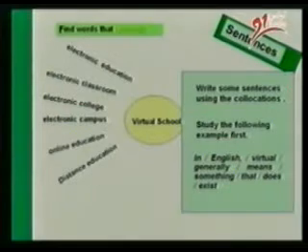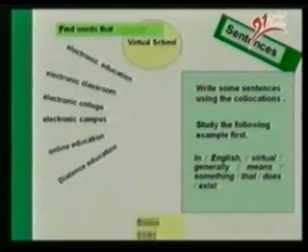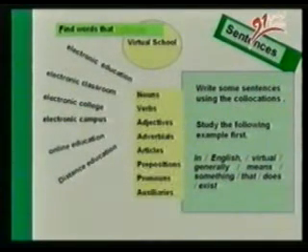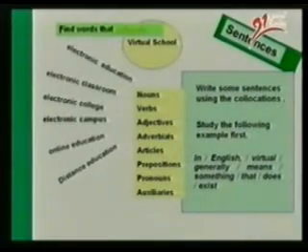In this sentence, we can find nouns such as school, and such as something, for example, we can find verbs like exist. We can find adjectives, adverbials, articles, prepositions like in, pronouns, auxiliaries, and many other components.